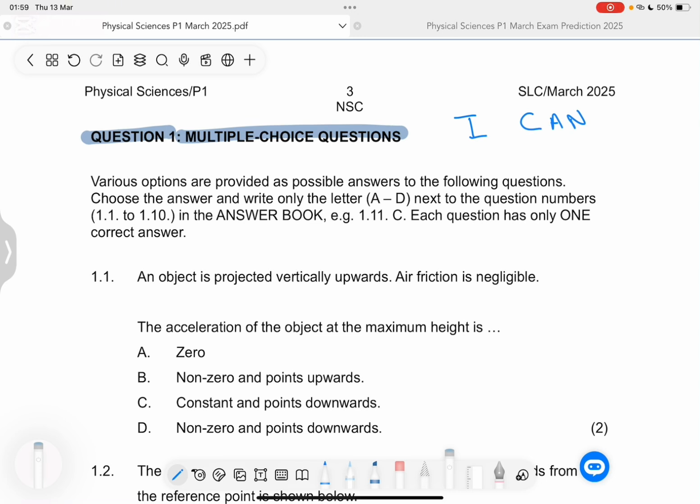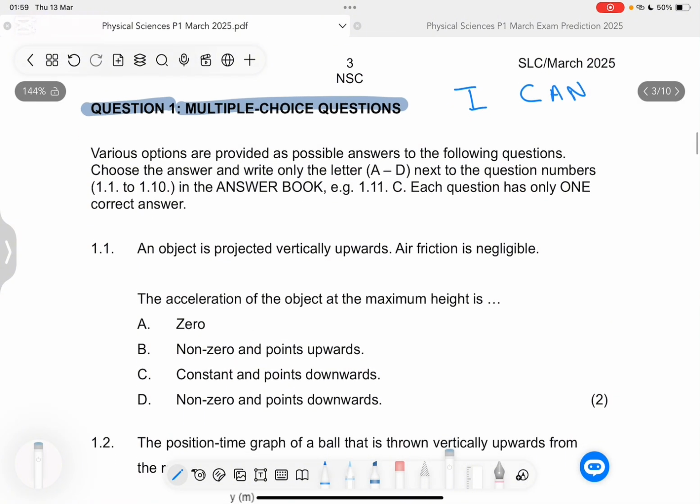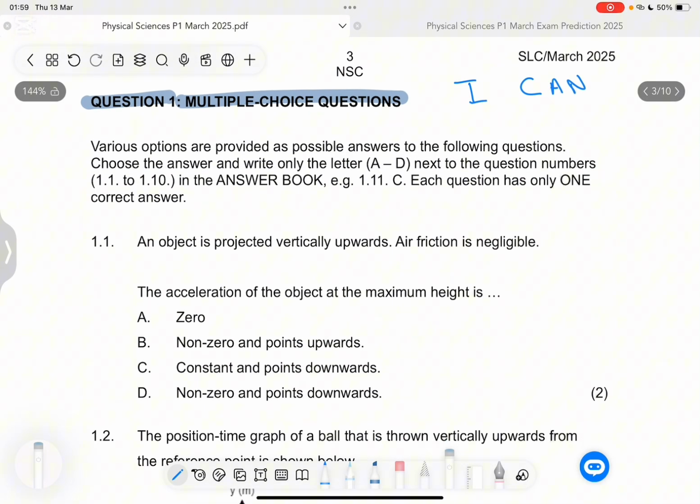I'm going to firstly start by reading the statement of multiple choice questions here, and we'll go through these questions. We are told here that various options are provided as possible answers to the following questions. Choose the answer and write only the letter A to D next to the question numbers 1.1 to 1.10 in the answer book.